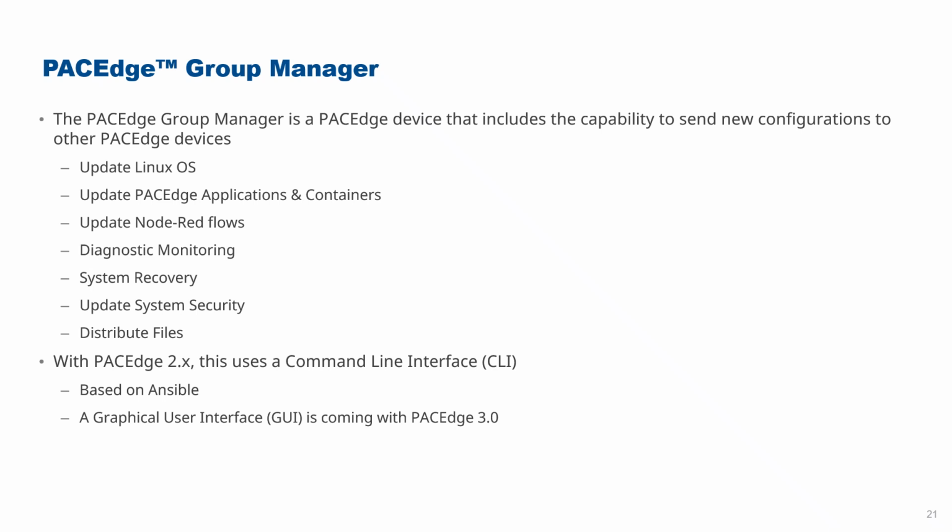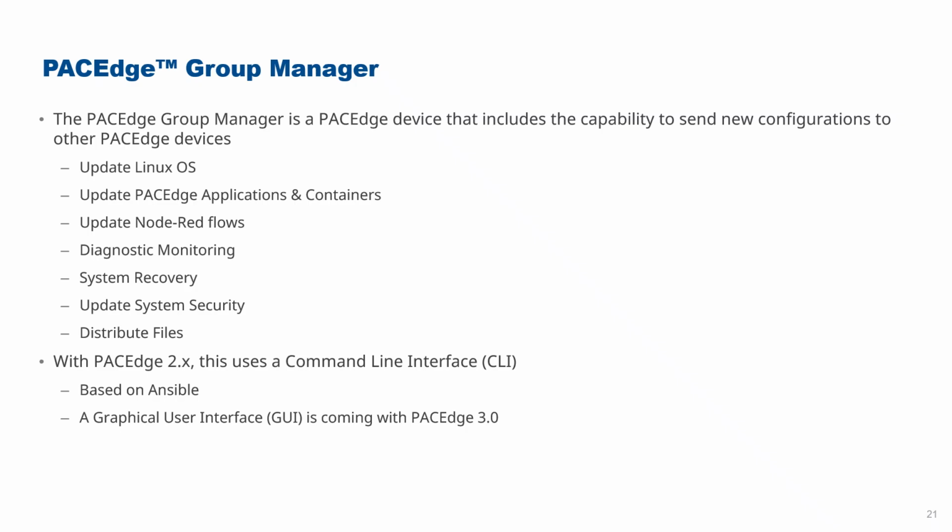Now, what we can do with the Group Manager is you buy that as an appliance, as a device, rather than having to install any software. So that makes it easier from an implementation point of view. And then within that configuration that you perform, you can update the Linux operating system, you can update PACEdge applications and containers, you can update Node-RED flows.